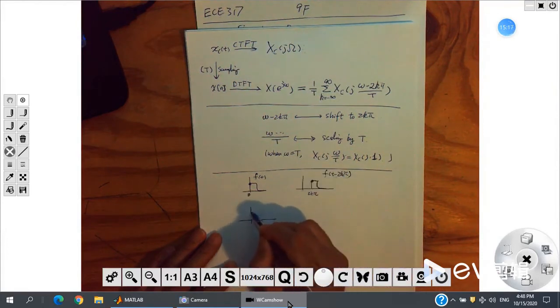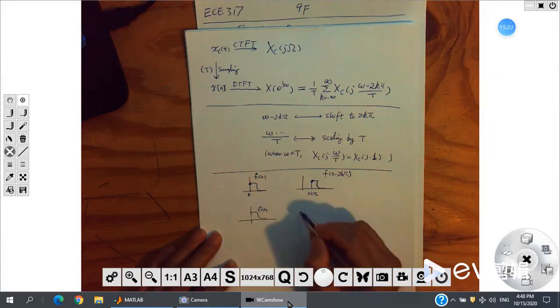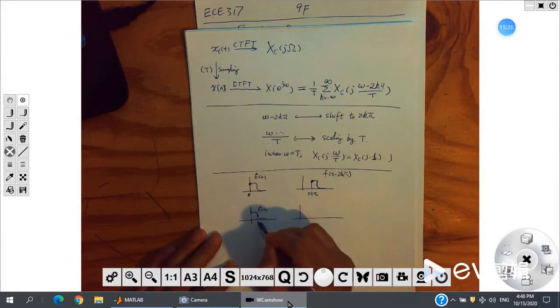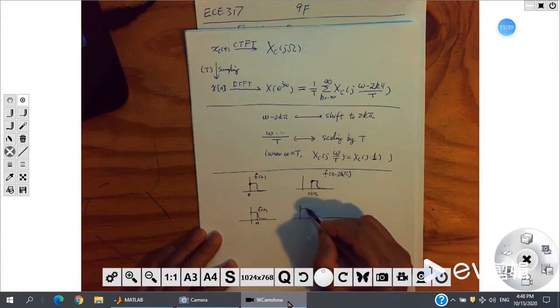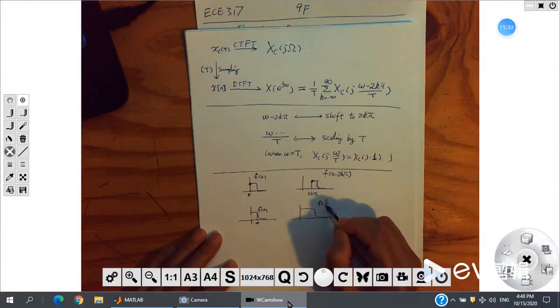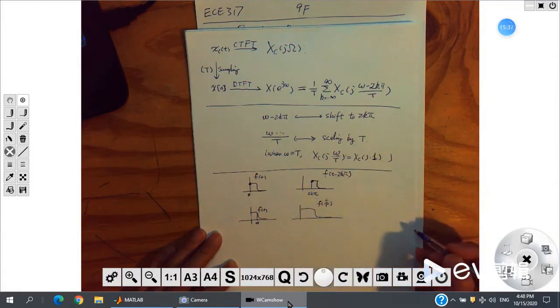Then the shift I show you this one. Suppose this is f of t, and here's some alpha. Then this one will be f of t over T. It looks like this.